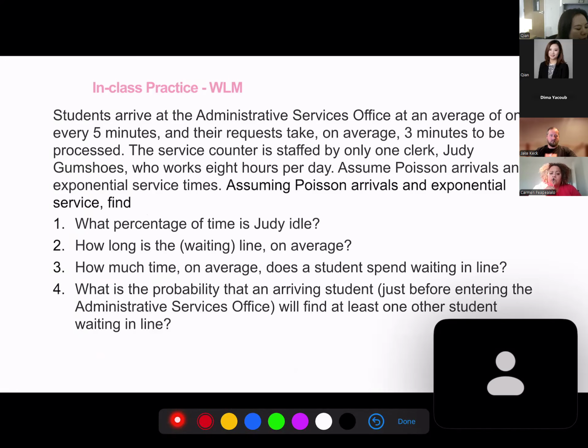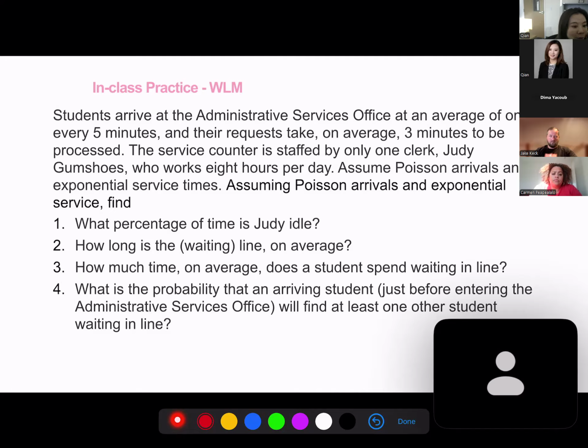The students arrive at the administrative services office at an average of 1 every 5 minutes. So the arrival rate will be, if 1 student comes every 5 minutes, how many students may come in an hour. And for their request, it takes on average 3 minutes to be processed. And the service counter is staffed by only 1 clerk.